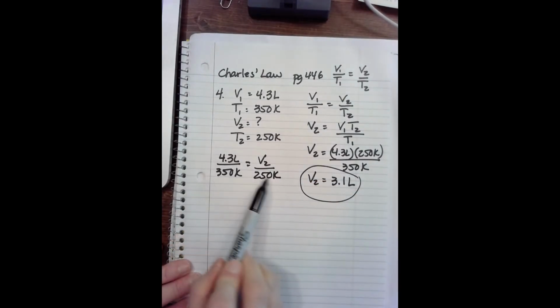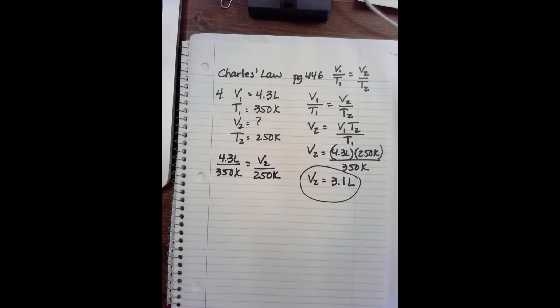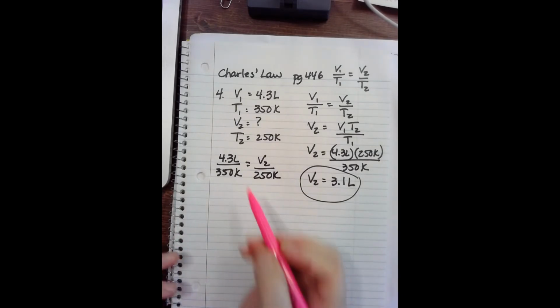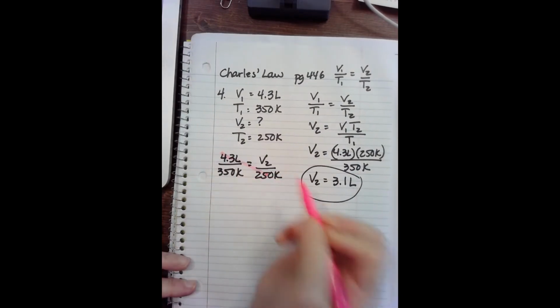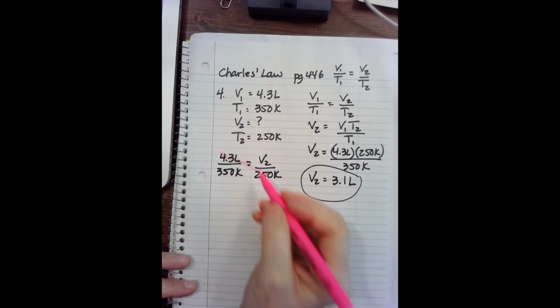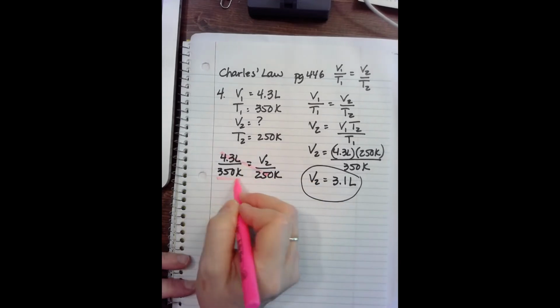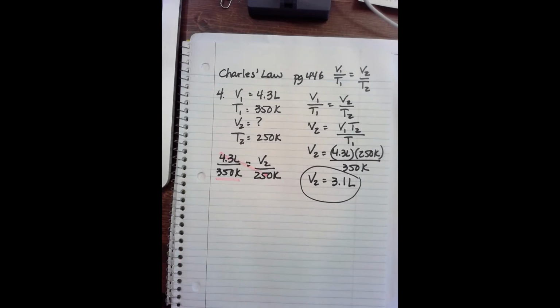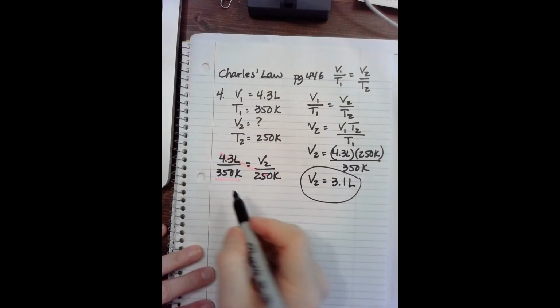So now, since these are set equal to each other, that means across this equal sign, we're going to multiply these two and then divide by the 350, which is exactly what we did over here.